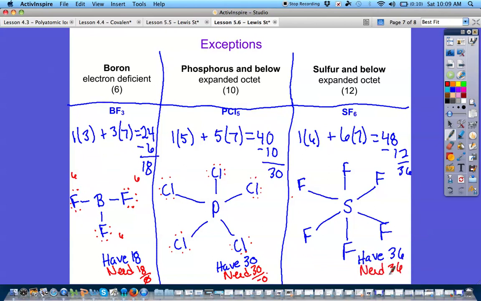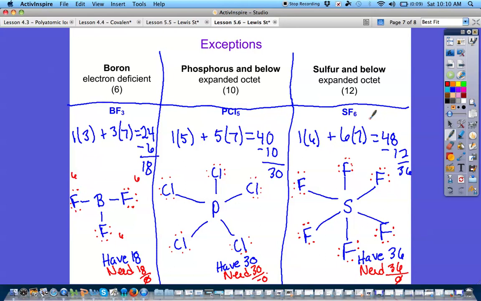Now we can just apply the dots to our Lewis structure. And that is sulfur hexafluoride.